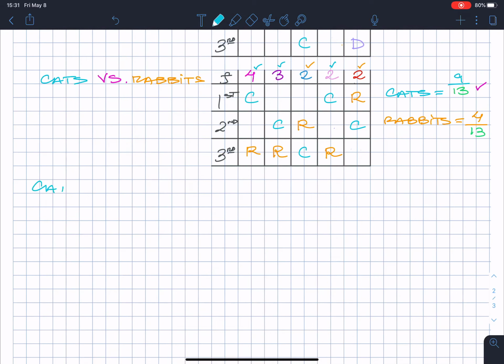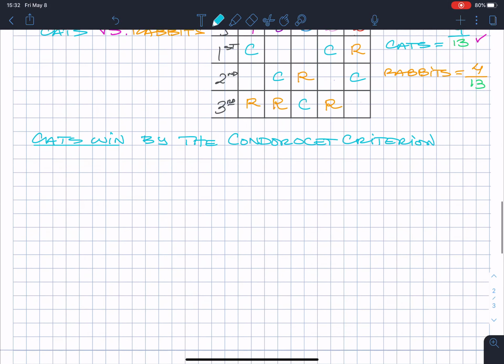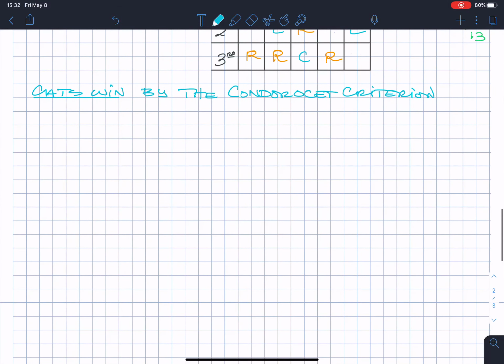Cats win by the Condorcet criterion. Okay. So now let's do instant runoff voting. So definition.